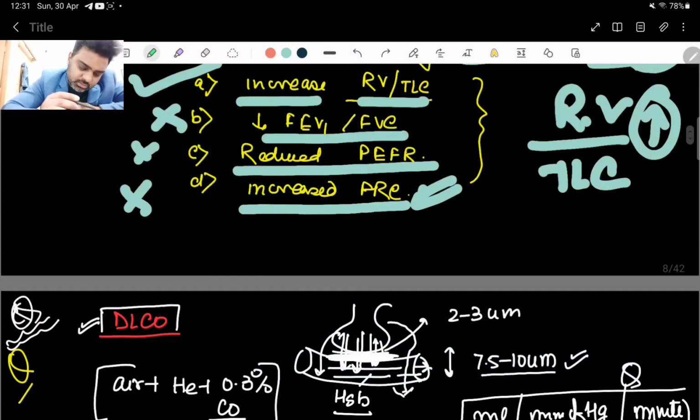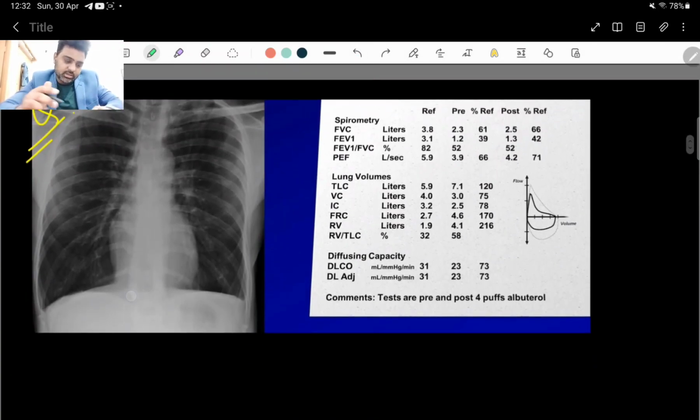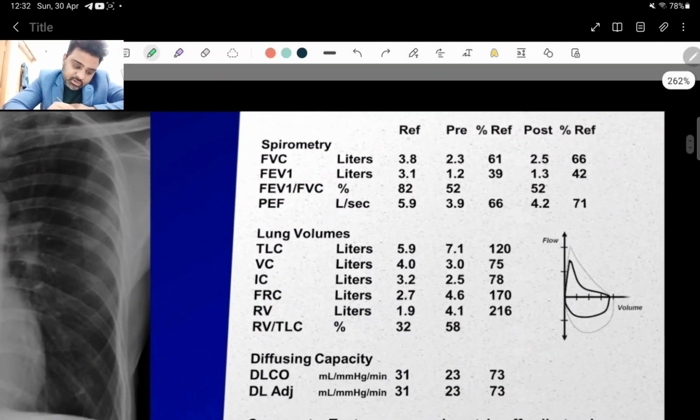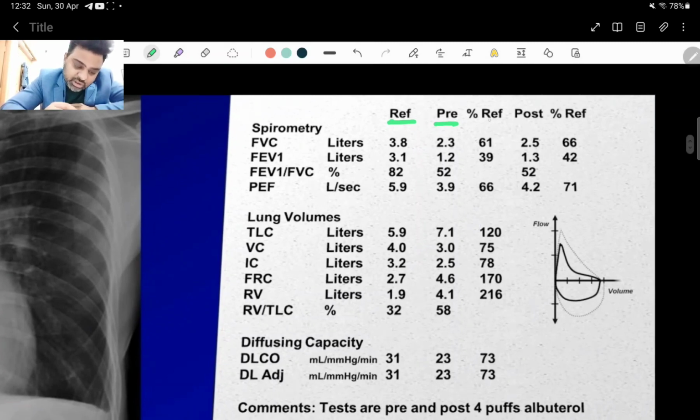So again I am telling you, we have a reference value, that is a normal value, then the pre value before the puff, and their ratio is the percentage. Post is after the puff, that is salbutamol, and this percentage is the ratio of the post to the reference.